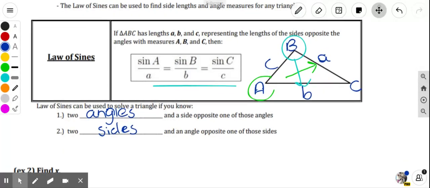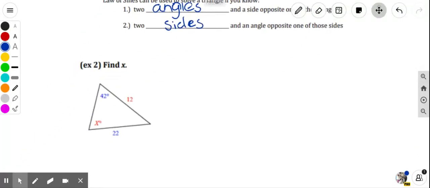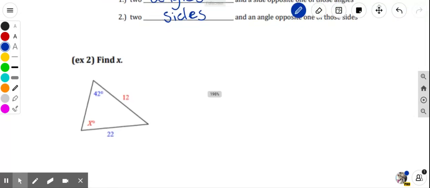So let's do a few examples. Okay, so notice on this one, you are given 2 sides and an angle opposite one of those sides, and you're asked to find the angle opposite the other side that you're given. So that's how you know you're going to use law of sines. You would just set it up.